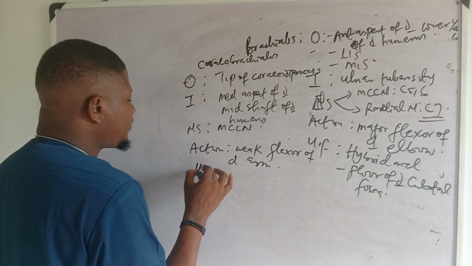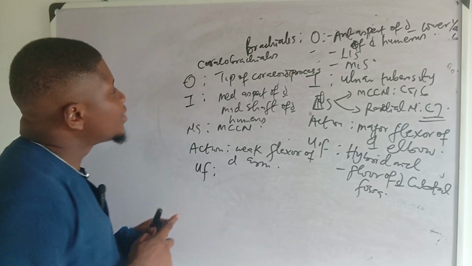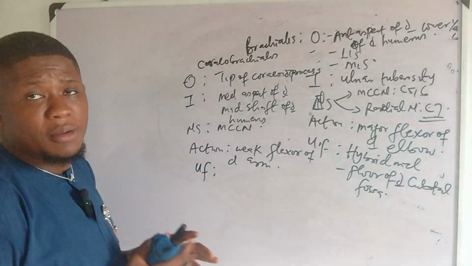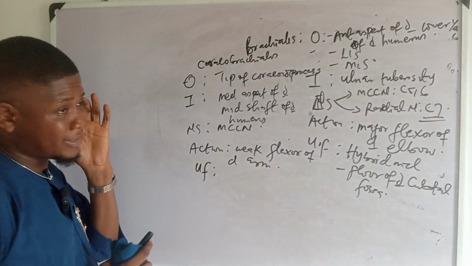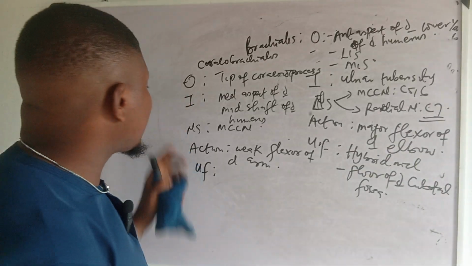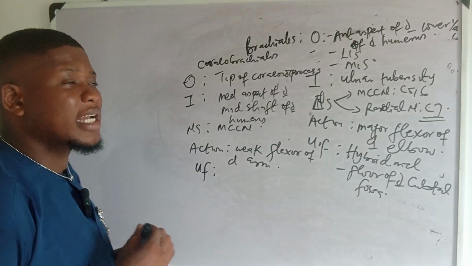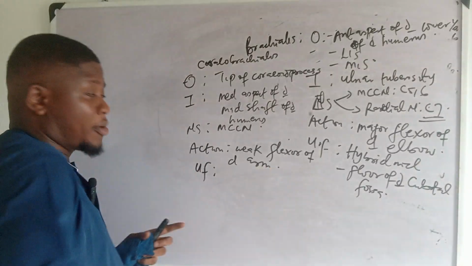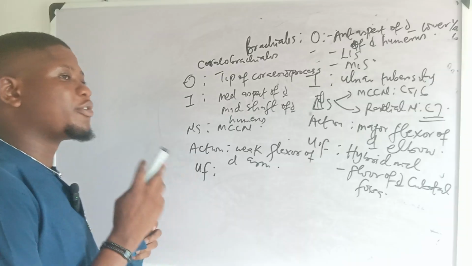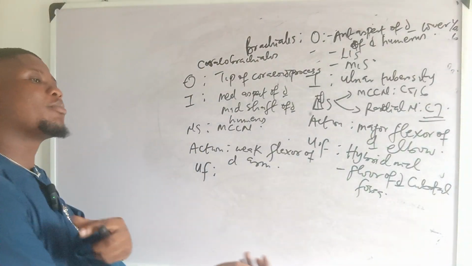Then unique feature. In lower animals, this muscle has three heads. The third head is regarded as a muscle of the medial compartment. Remember, in higher organisms we don't have a medial compartment of the arm, we only have anterior and posterior.